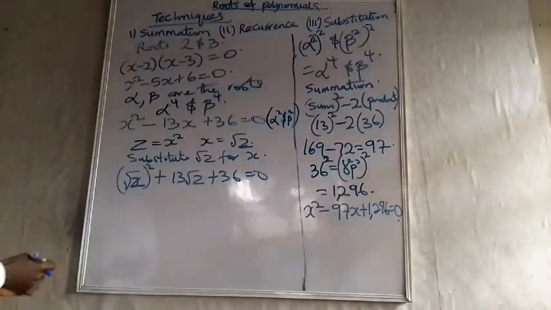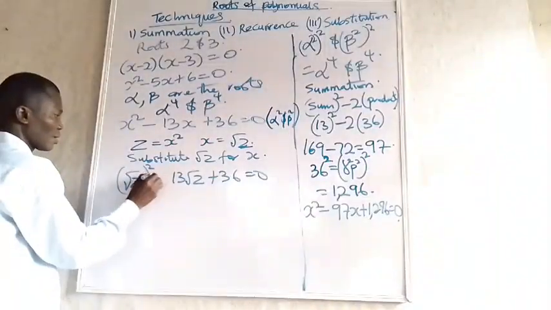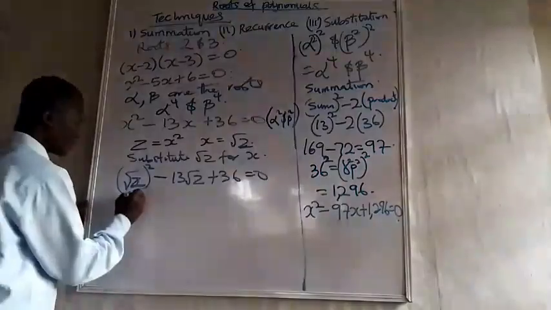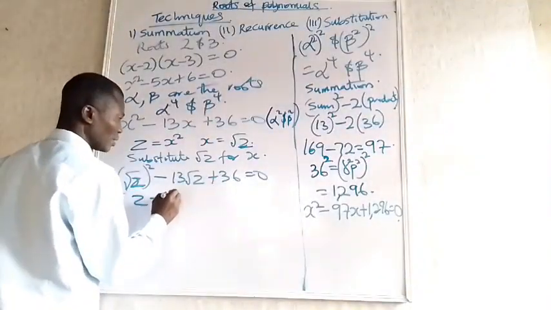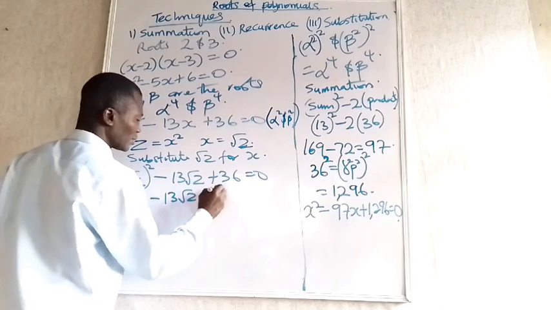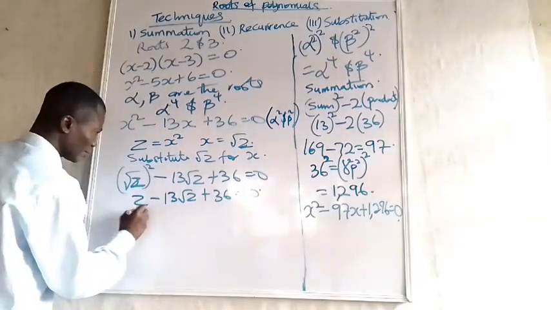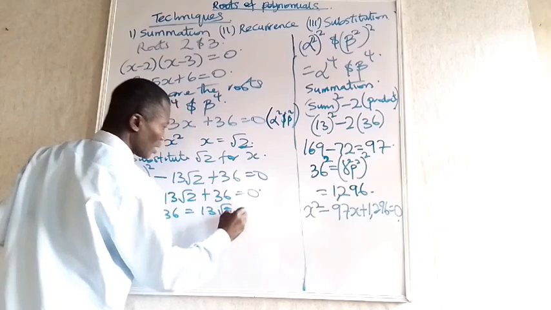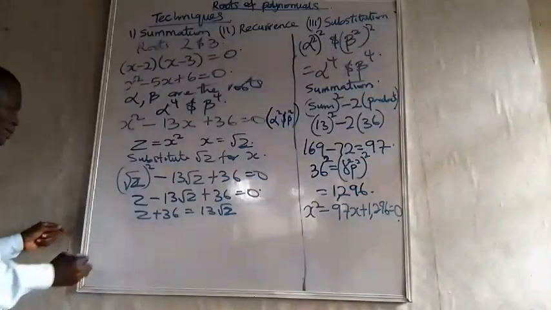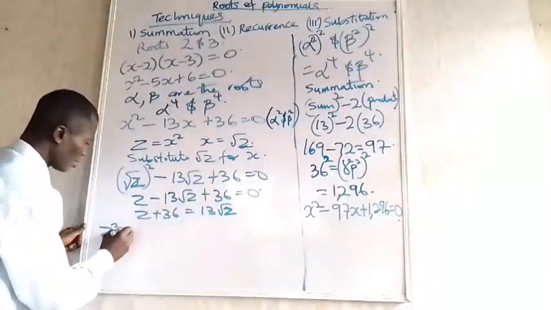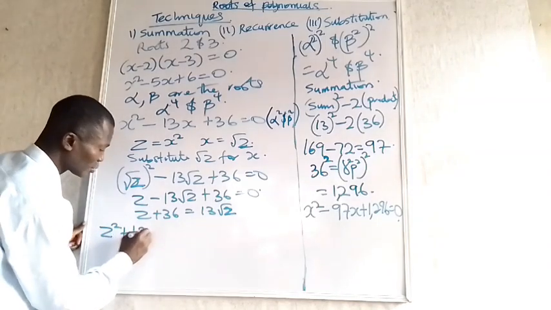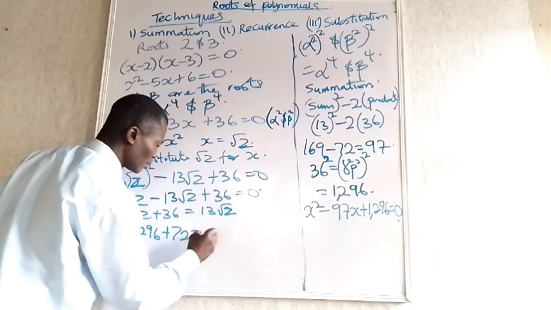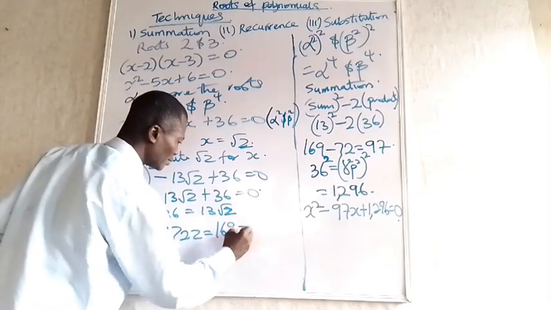So we have z plus 36 is equal to 13 root z. Now let's square both sides. So we have z squared plus 1296 plus 72z is equal to 169z.